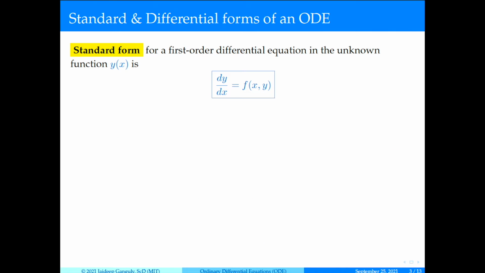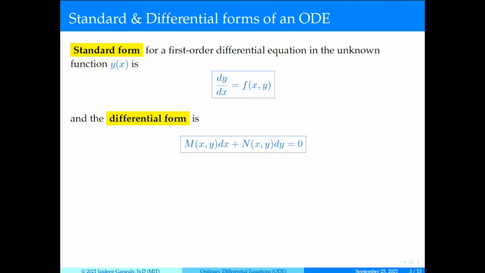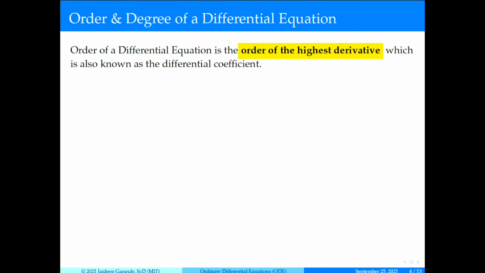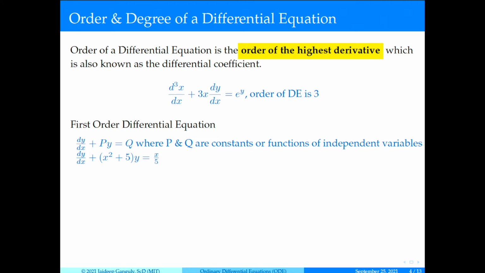The standard form for a first-order differential equation in the unknown function y of x is shown now, and the differential form is shown next. Next, let's understand the definition of order and degree of a differential equation. The order of a differential equation is the order of the highest derivative in the differential equation.